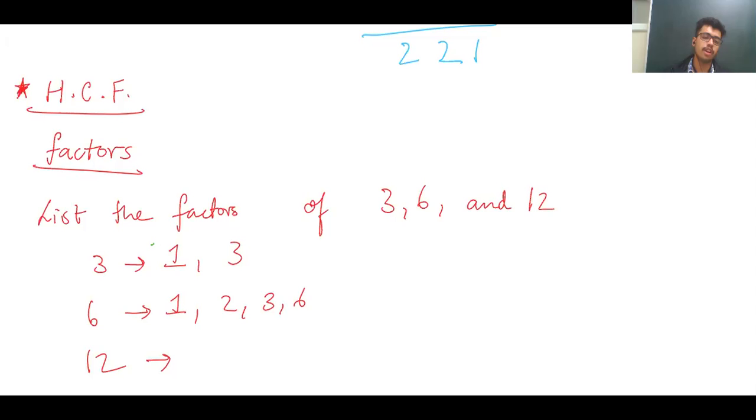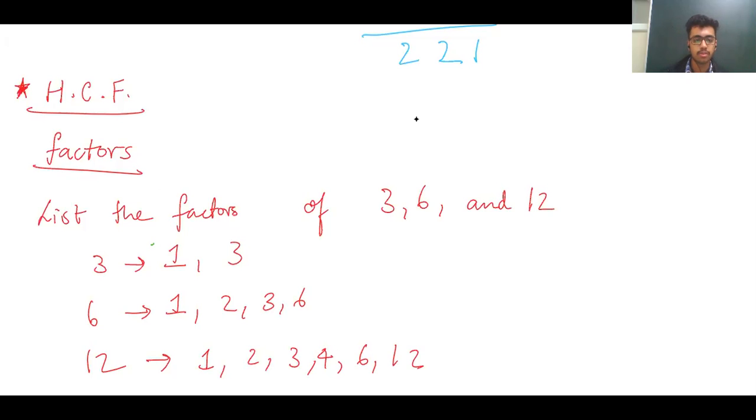Okay, Harith, what are the factors of 12? 1, 2, 3, 4, 6, 12. Okay, now which are the common factors? 1 and 3.